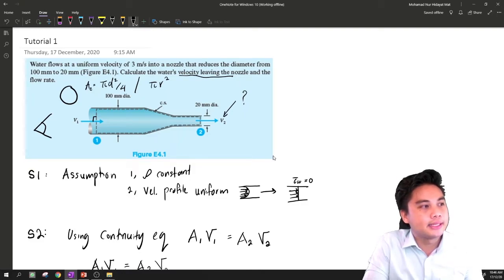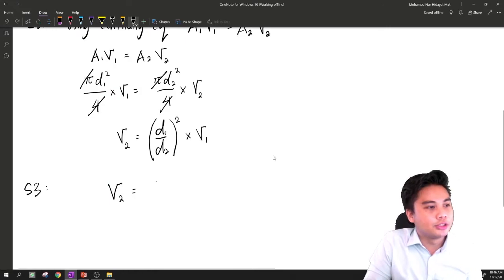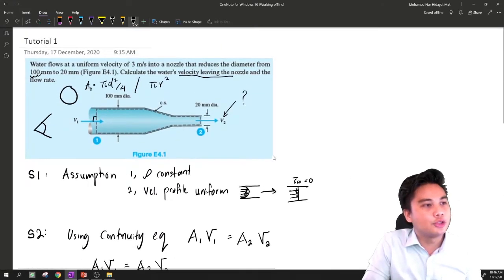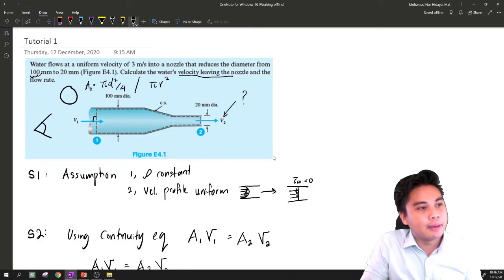You can convert to SI unit, which is meters, so it becomes 0.1, over diameter 2, which is 20 mm, converted to meters, 0.02.